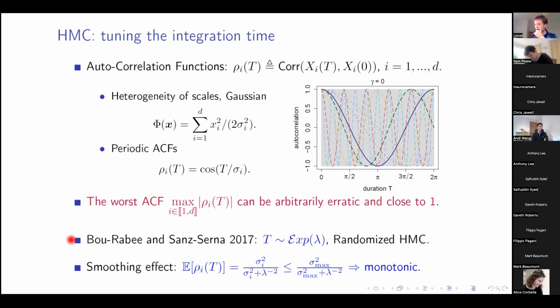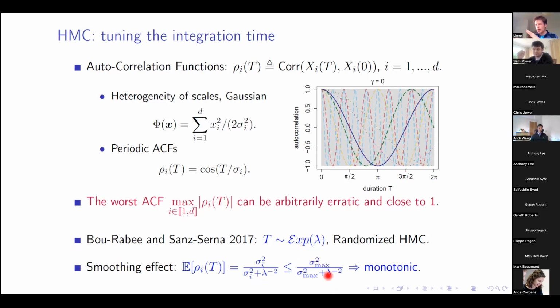And just to point out, for the choice of the exponential distribution, what you get in the end is a uniform bound over all these ACFs that now decays monotonically with respect to the average integration time. So remember, the expectation of the exponential distribution is the inverse of its parameter.